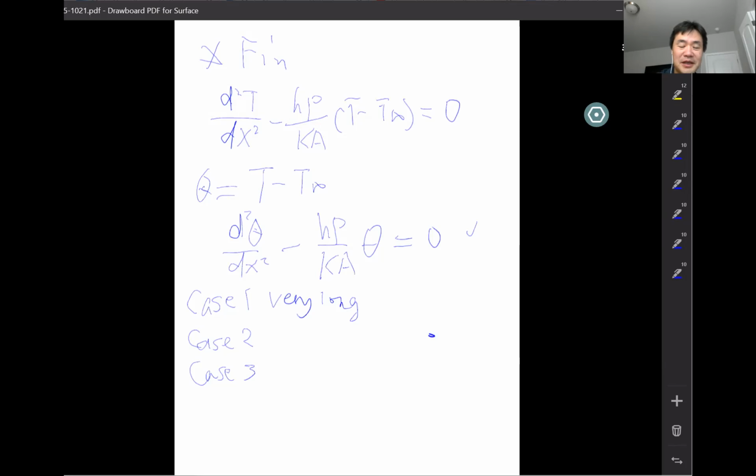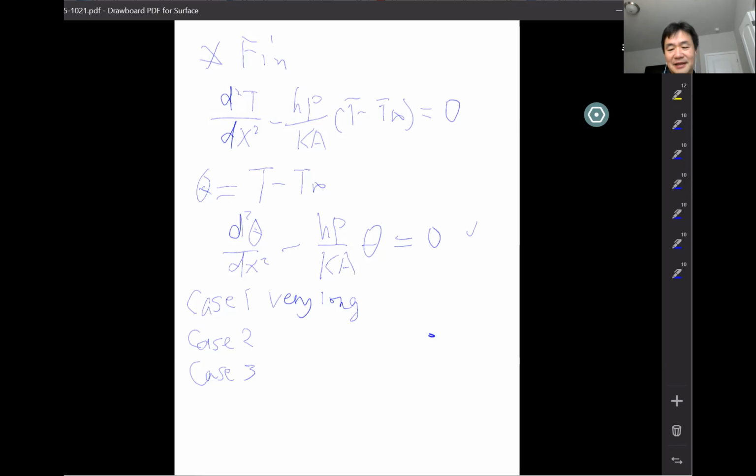Think about this, look at the geometry. The heat transfers from the base to the tip, then it loses heat through the side, to the surroundings, through convection. So you get less and less heat as you go along the x direction.